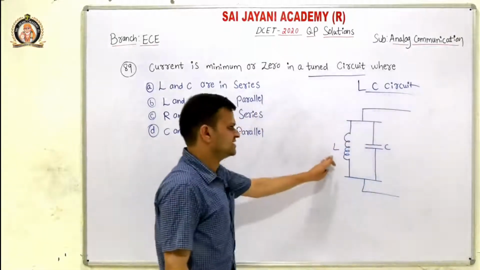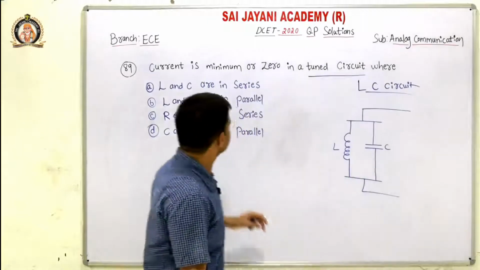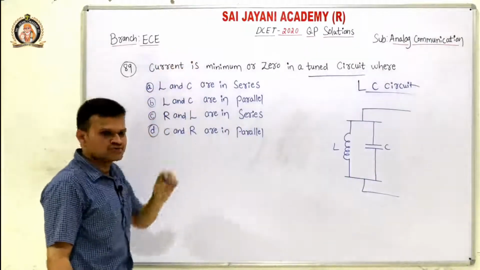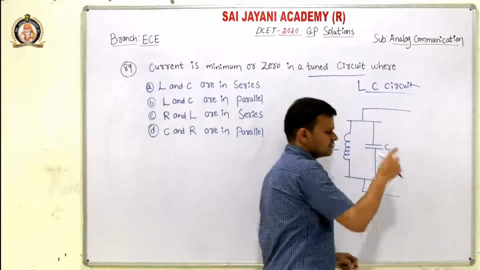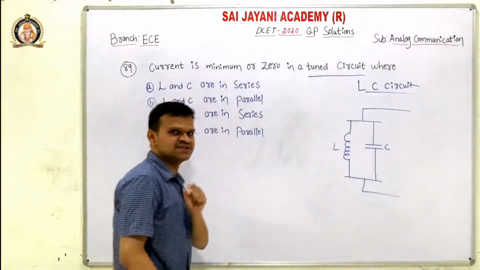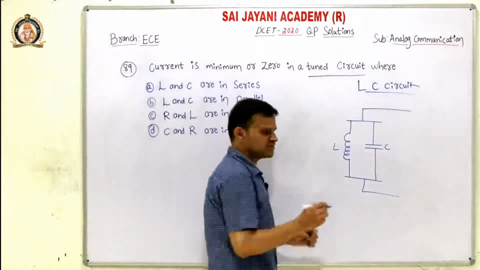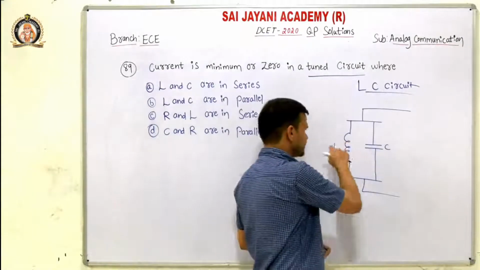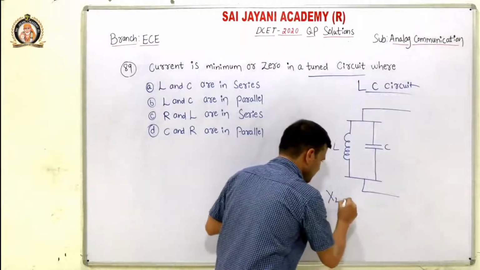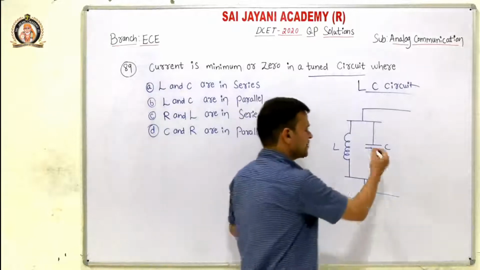If L and C are connected in parallel, then only current will be minimum or 0, and this condition will happen during resonance condition.